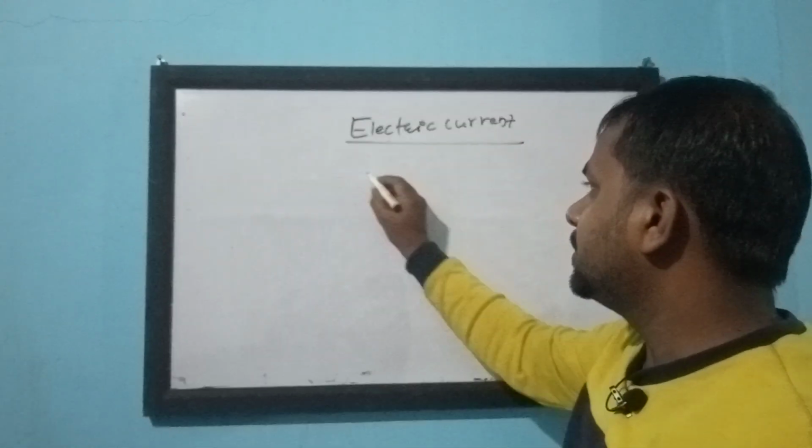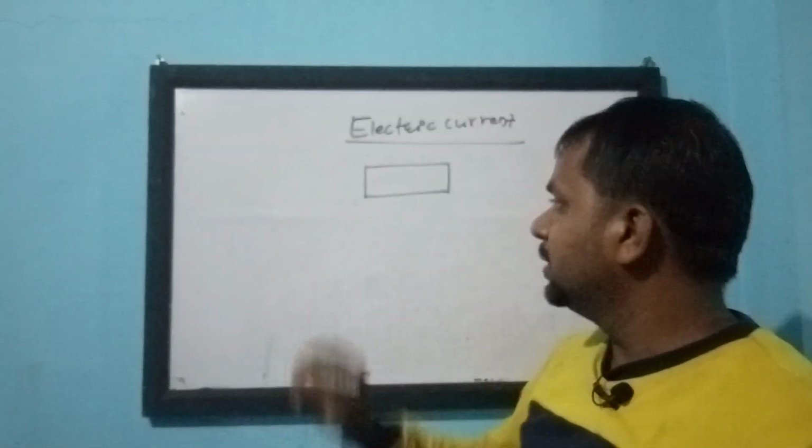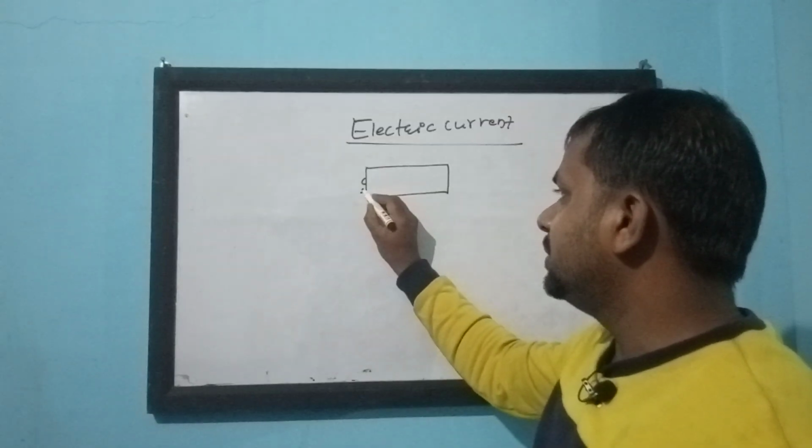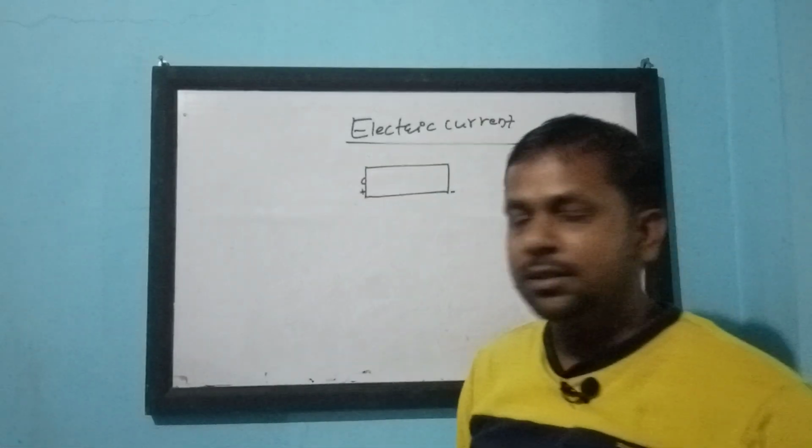Okay, suppose there is one cell that has a positive terminal at one end and a negative terminal on the other end.